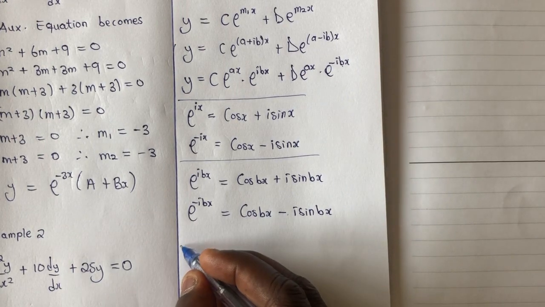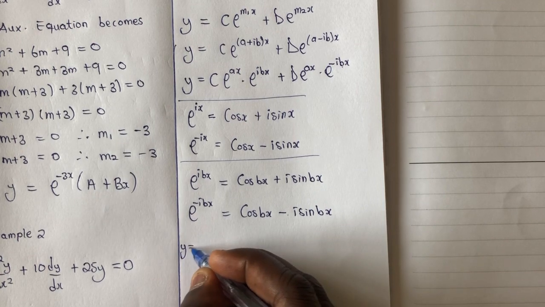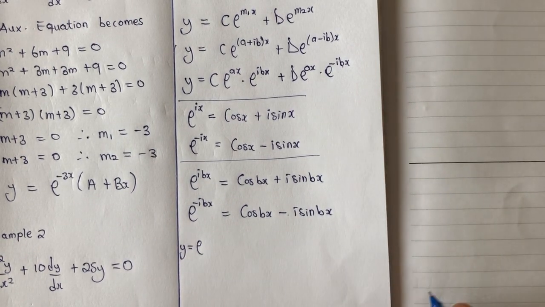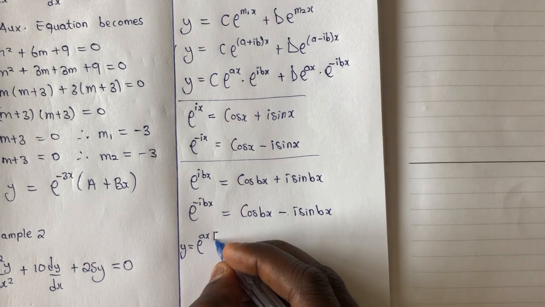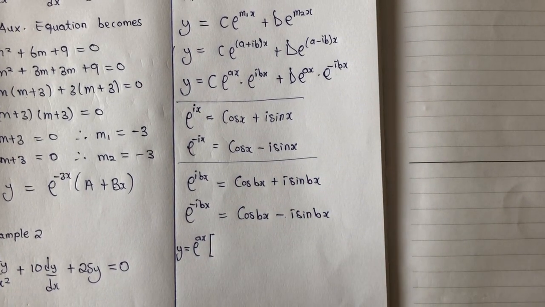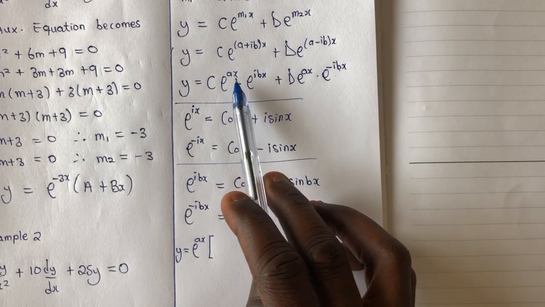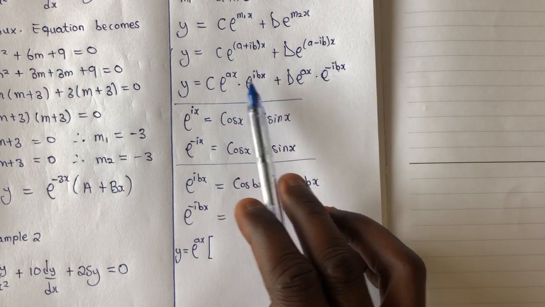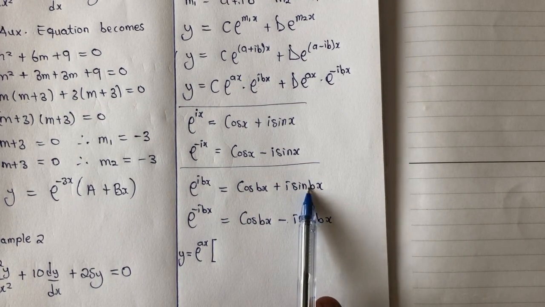So I can say that generally y will be equal to e raised to the power ax, and I'll bring my bigger bracket. I have factorized this one out, so I'm left with this.